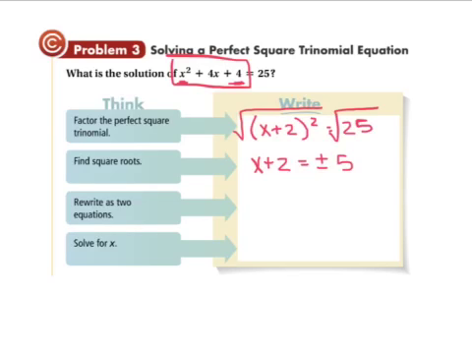So now we have two different answers. X plus 2 equals 5, or x plus 2 equals negative 5.